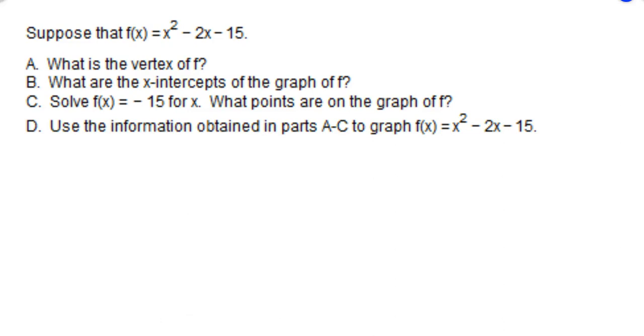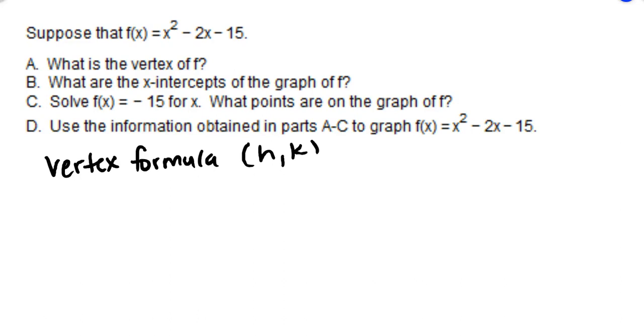We can find the vertex using the vertex formula. The vertex formula has a formula for both the x-coordinate and the y-coordinate. We'll find h using the formula negative b over 2a.